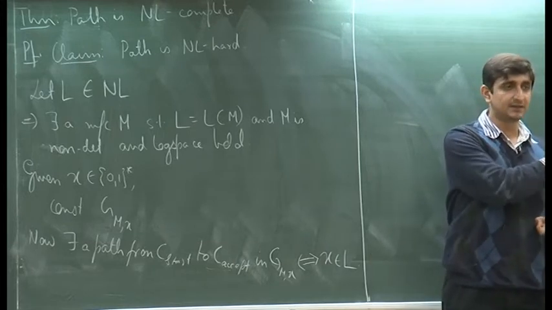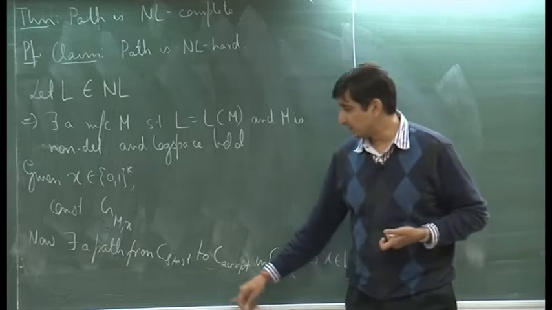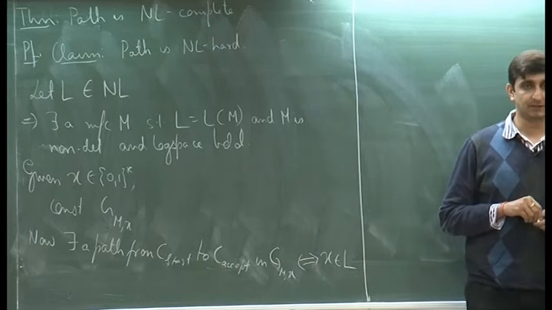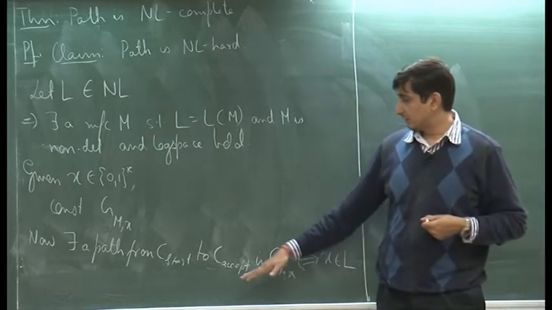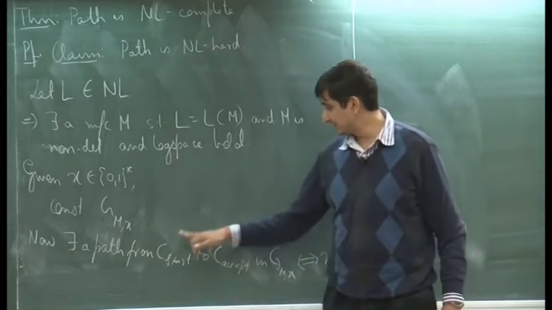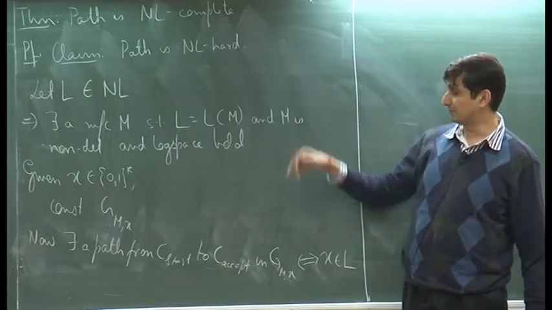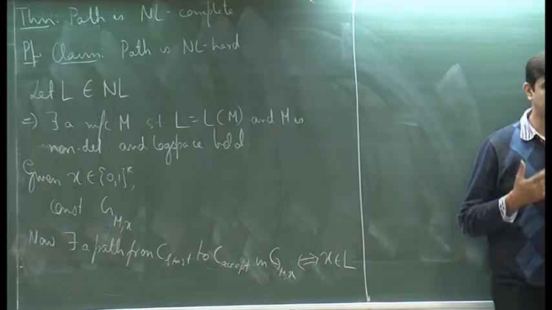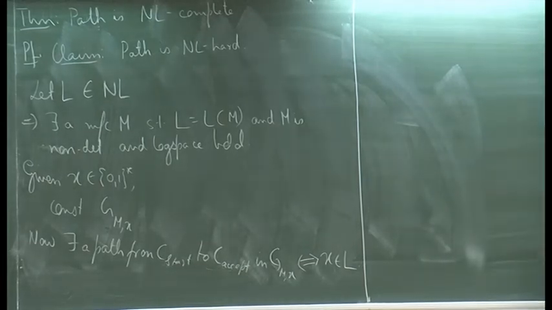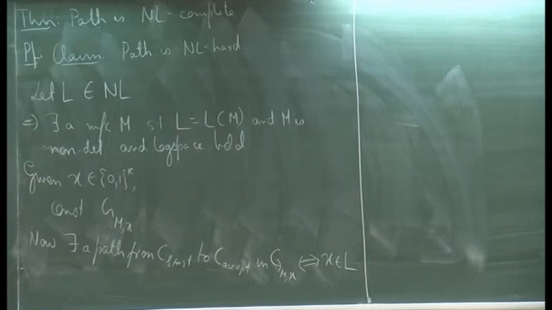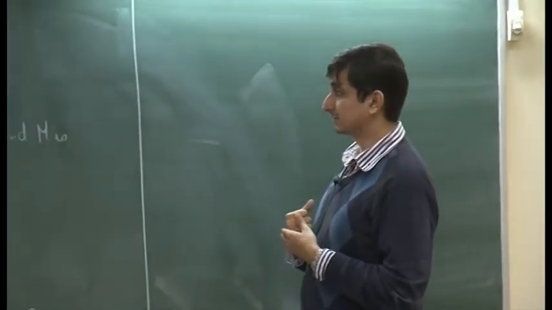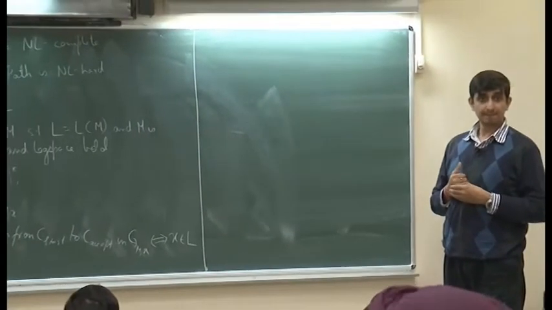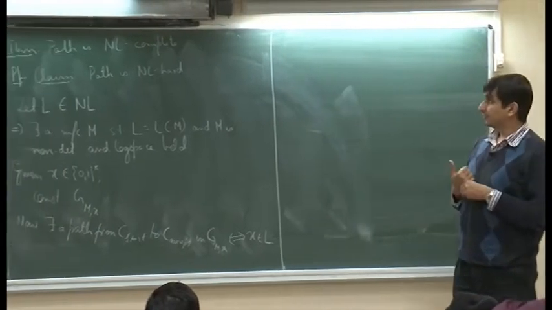So, you output the list of all edges and then you output the start configuration and the accepting configuration. So, if x belongs to L, then this is a yes instance of the path problem, and if x does not belong to L, this is a no instance. Okay. So, there is nothing dramatic happening over here, it just follows from the definitions. Okay. Any questions? Okay. So, let us move on.